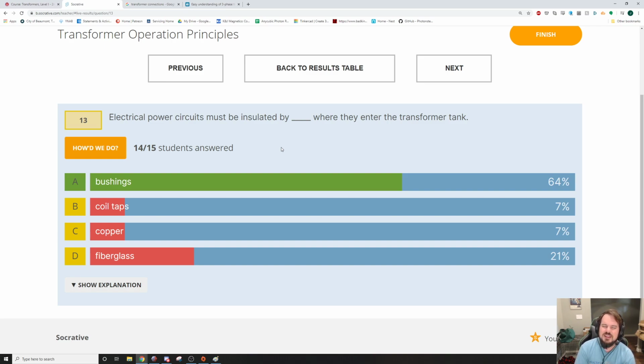The transformer is where the circuits are considered to start, and so they are unfused unless you go back further. Like it's fused at some point between it and the generator.